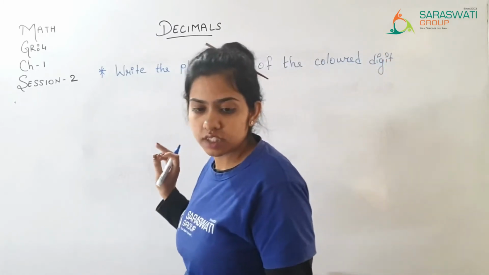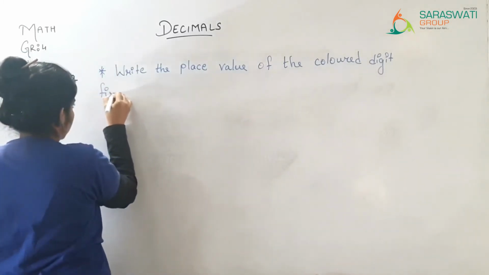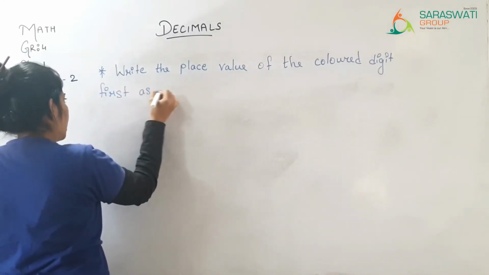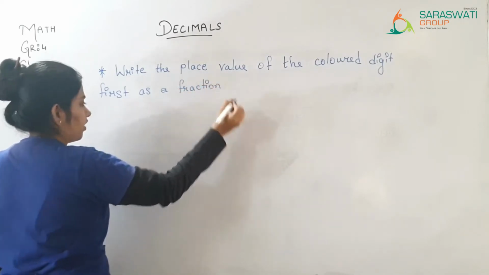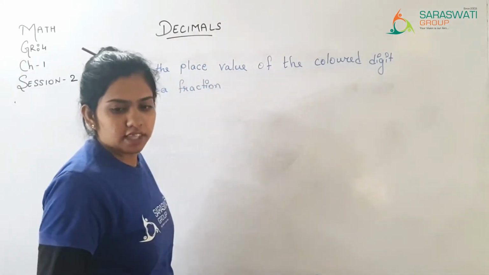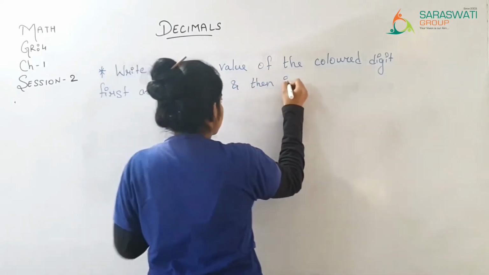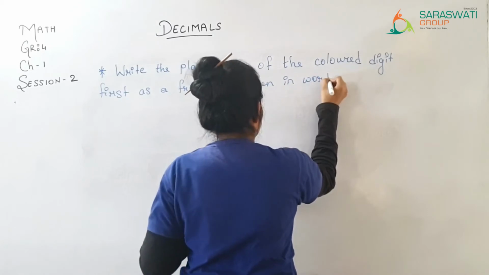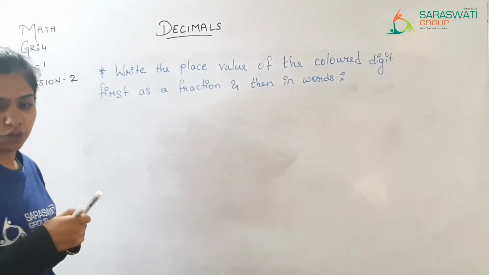colored digit first as a fraction, and then in words. Means यहाँ पे आपको values लिखे गए होंगे.